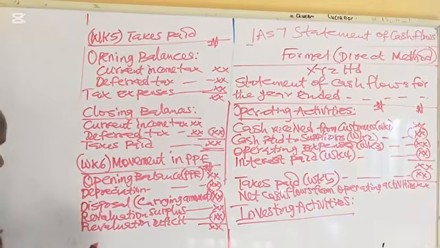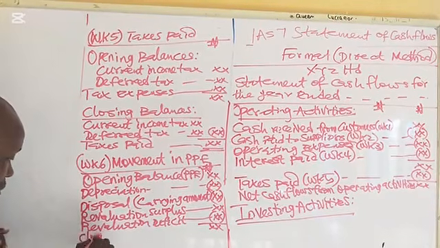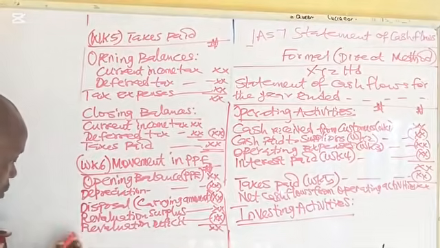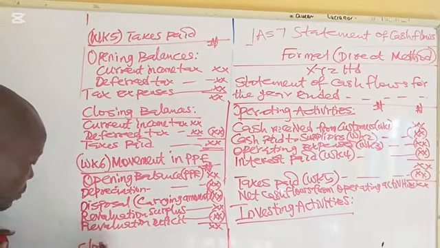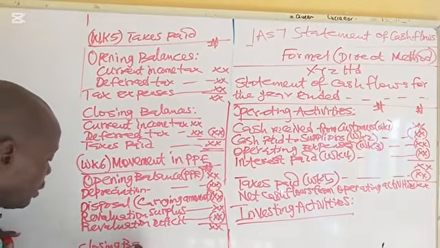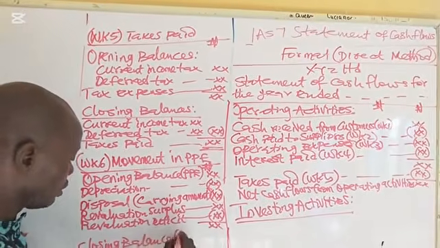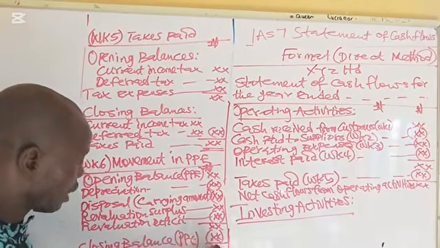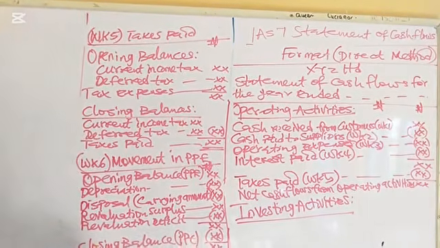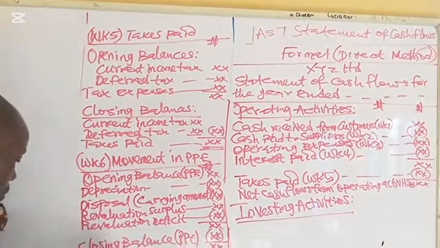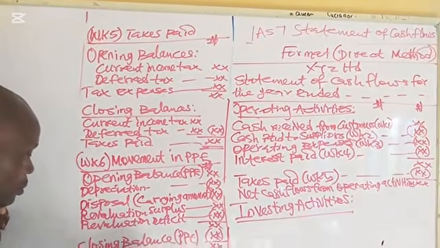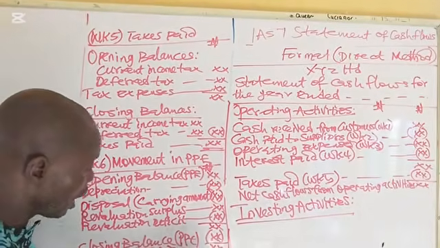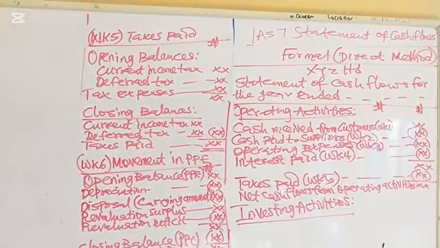If the closing balance is greater, you have the closing balance. Instead of PPE, we have acquisition of PPE.